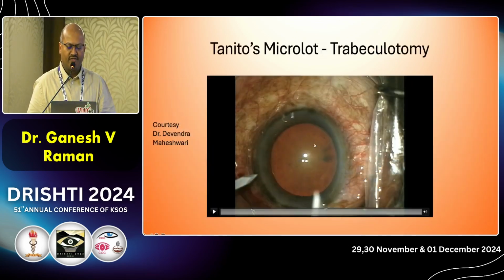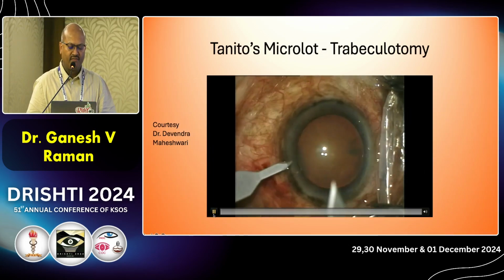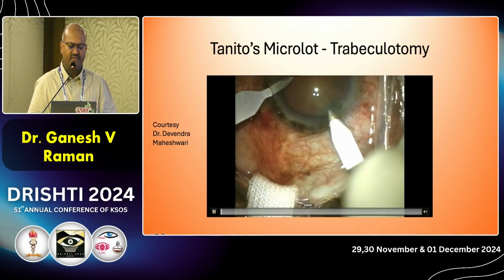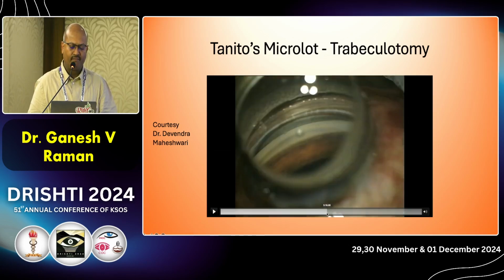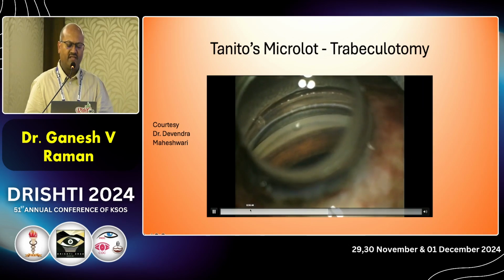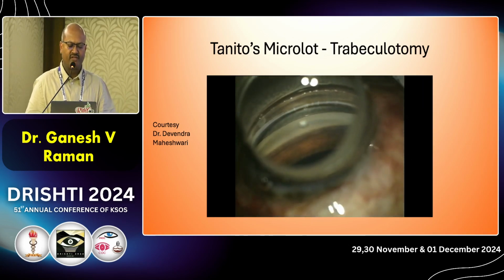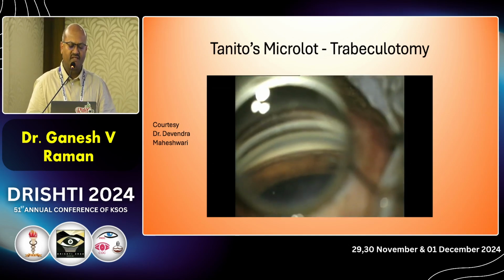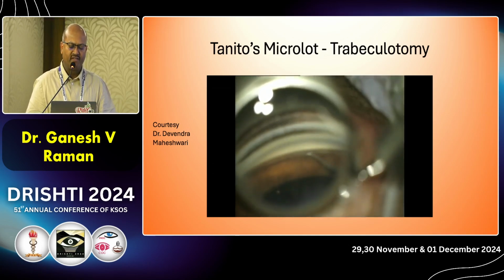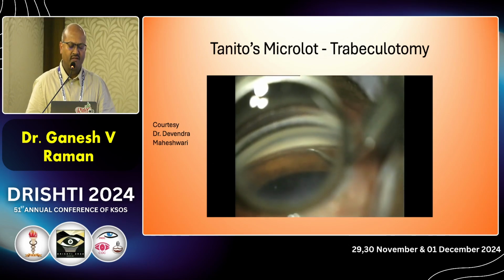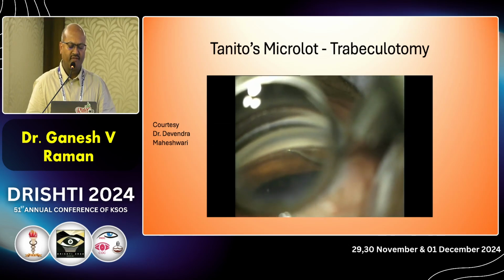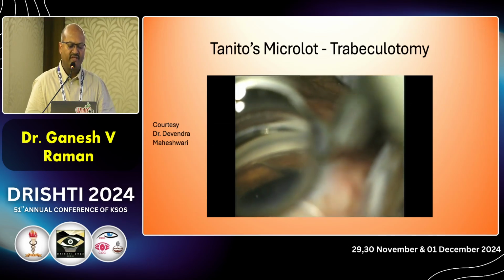This is another video of my friend, Dr. Devendra. After the phaco is over, this is the infratemporal angle which is approaching. You can see the ciliary body band and then the scleral spur, and then you just incise, just like the Kahook dual blade. This is again a reusable device. It comes in 3 pairs.